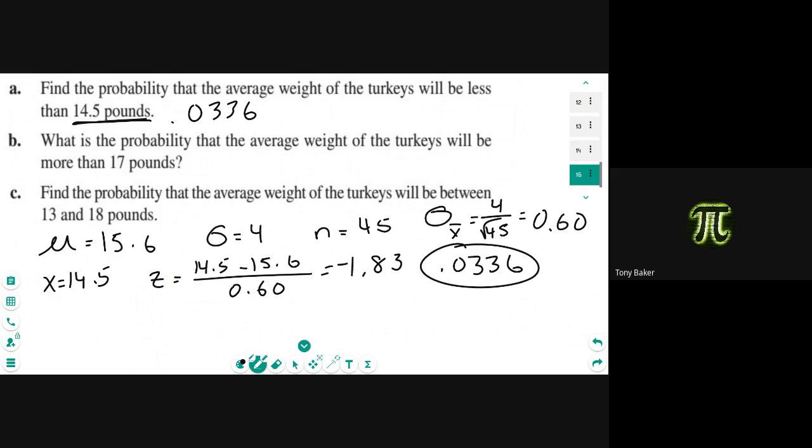But the nice thing is, I don't have to redo the standard deviation. We already have that. The only thing that changes in this case is my x.